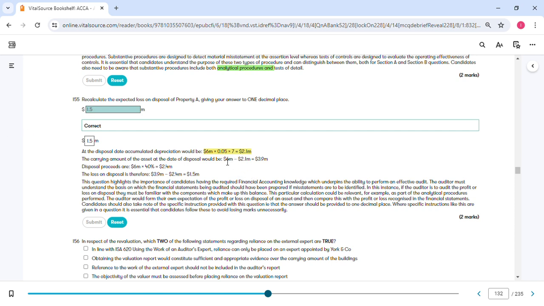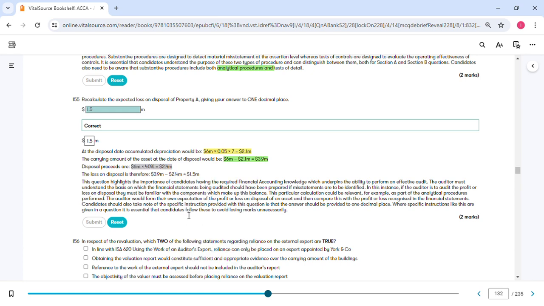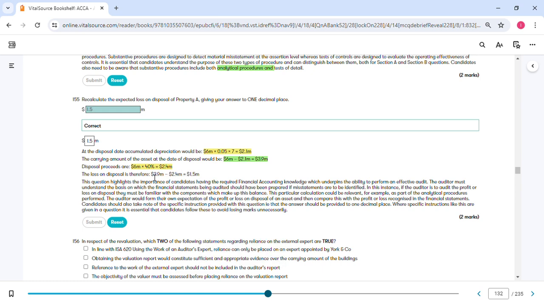Carrying amount is how much? Initial cost minus accumulated depreciation, 3.9. Disposal proceeds are 6 million into 40%. Loss on disposal: 3.9 minus 2.4, 1.5 million. Any doubt? Ask me.